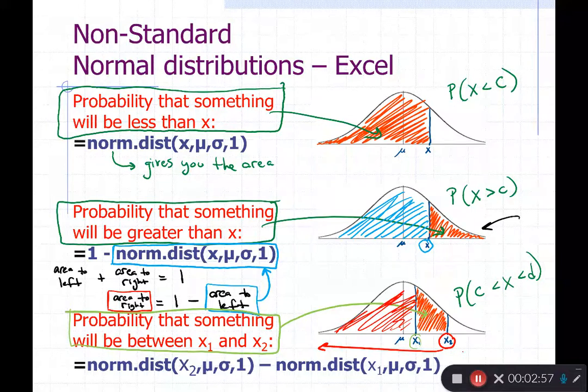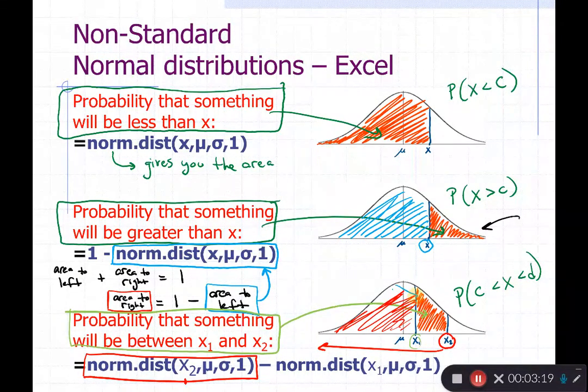And so this in red, this Excel function is norm.dist, so that's area to the left of x2. Okay, so we're working with the x2. Now, we could subtract off what we don't want.